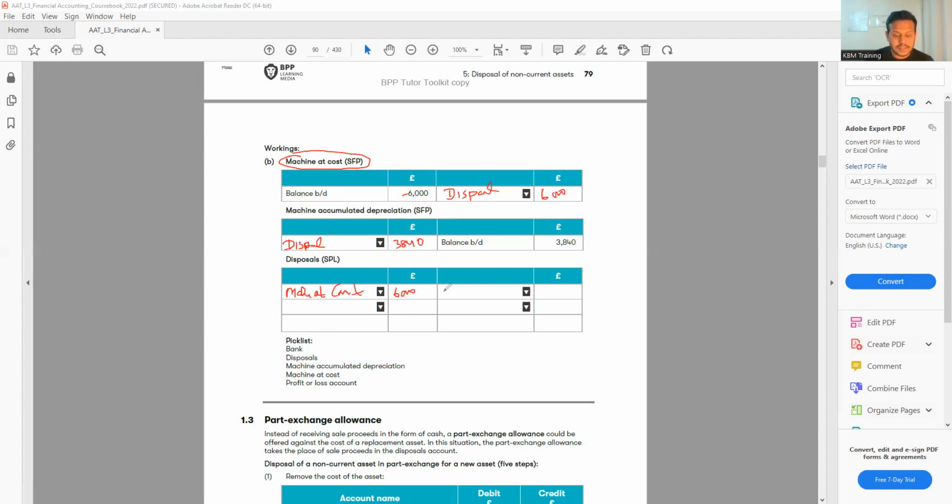So on the credit side, I'm going to write accumulated depreciation. That was 3840. And finally, we sold it for £3,000. So the bank was debit and disposal credit. So on the credit side, we're going to write bank. And we received 3,000 on our bank account.